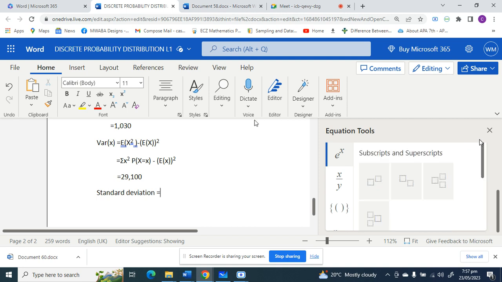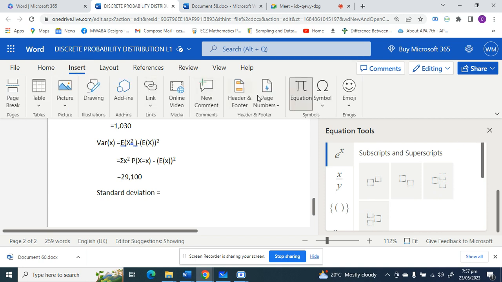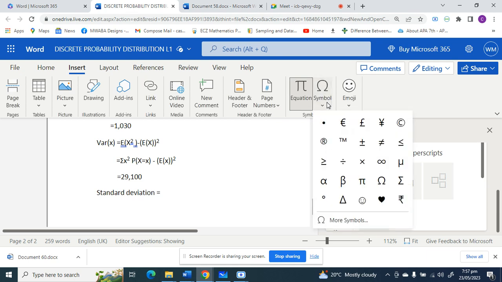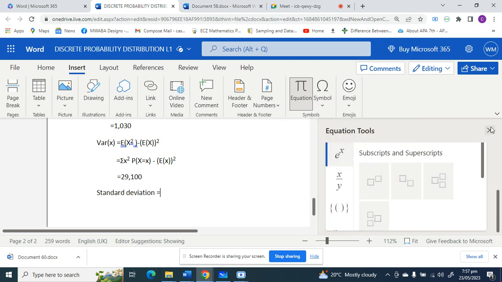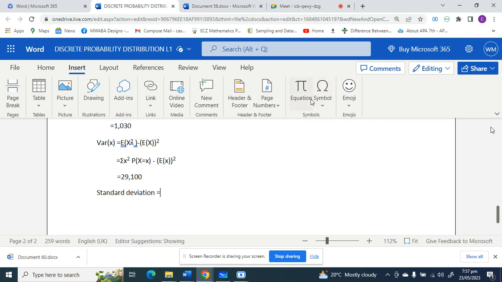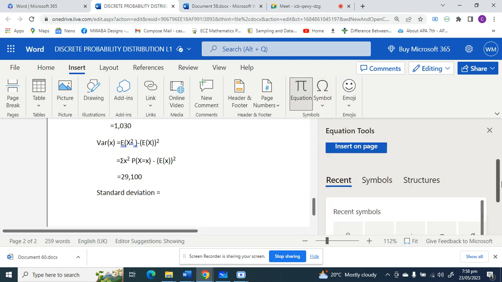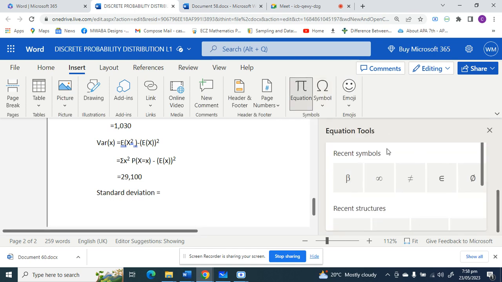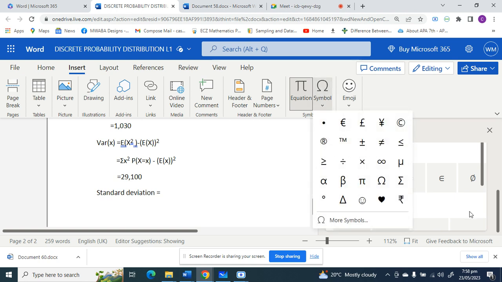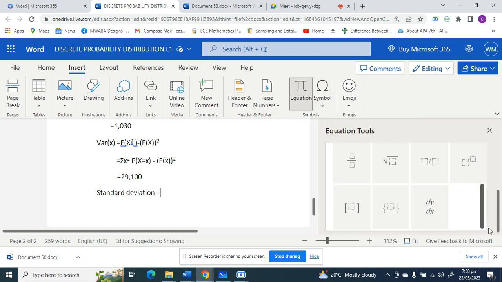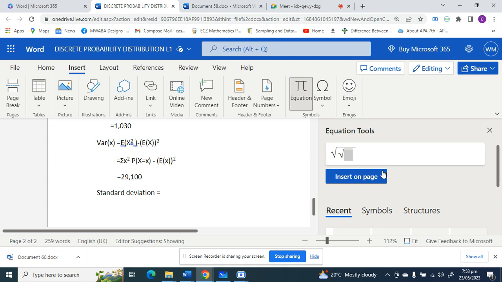Just looking for the square root sign. Where do you put the square root sign? Okay. 29,100.